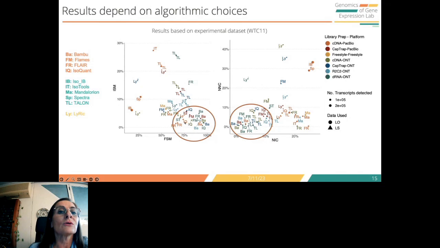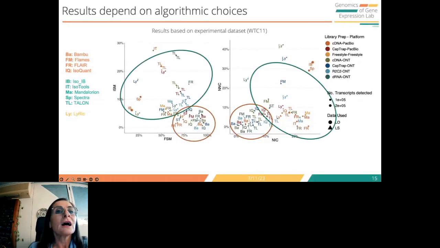And the same holds for IsoQuant, for example, and FLAMES. So we have a number of tools that are producing transcript models that really resemble the reference, and that are heavily based on the reference. So in a way that makes sense.